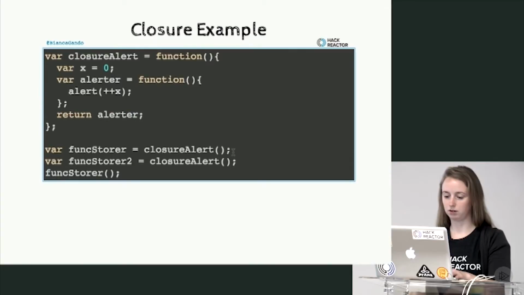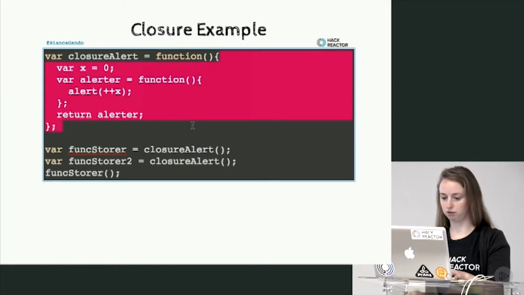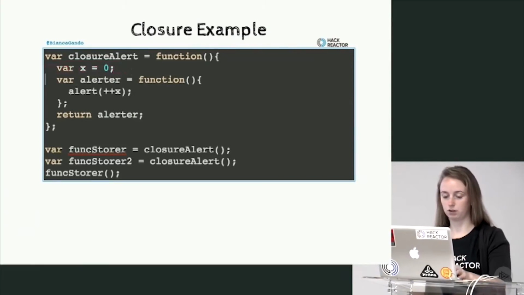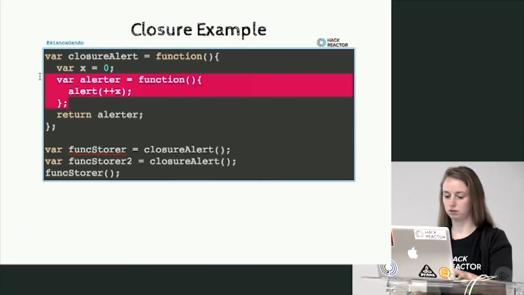Which means that when we call closure alert, we enter into the function body. First thing it does is initialize X at 0. It sees that we have this alerter function, skips over it, and then returns it.